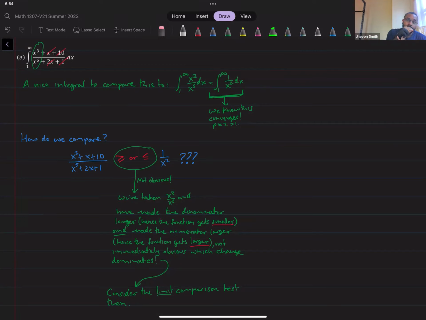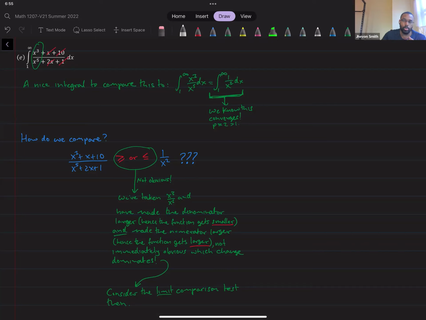For an expression like this, comparing it to the largest powers and ignoring everyone else makes a lot of sense. I got that intuition from doing limits in Calc 1. But now the question is, how do I know who's larger or smaller? So I can use the comparison theorem, and it turns out it's not exactly obvious here. So that's when I think, okay, maybe the limit comparison theorem can work.